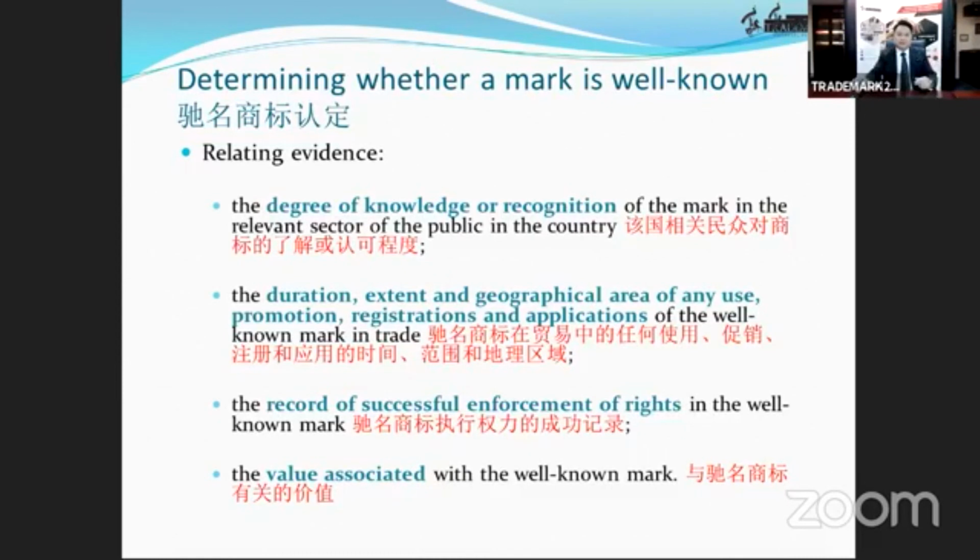Understood? So it doesn't matter how much money you spend on advertisement, promotion, and so on in India, in Indonesia, or elsewhere, if nobody knows you here, sorry, you cannot claim protection under well-known trademarks.